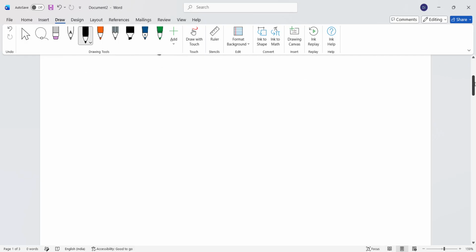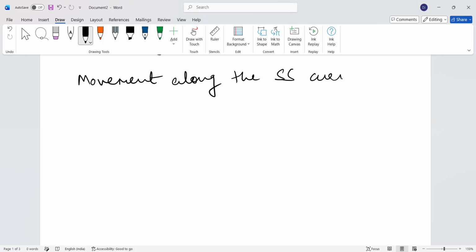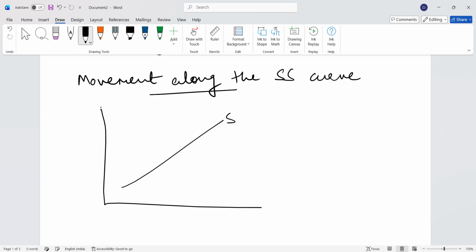Another thing. Just like in demand, it's the movement along the supply curve. The supply curve is upward sloping, right? We did that. That's the price, that's zero, that's quantity supplied. Now, the change in price gives you the movement along the supply curve.